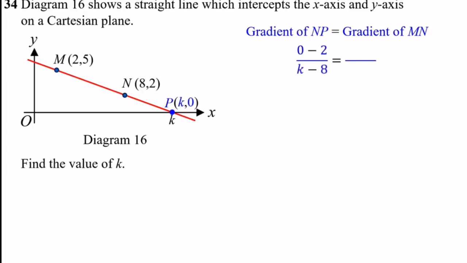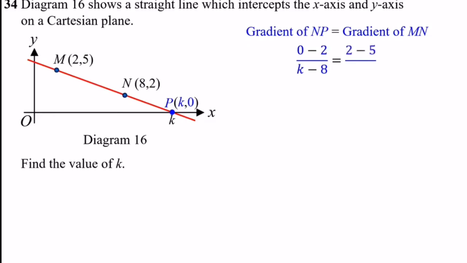So it's equal to the gradient of MN. Now we are going to find the gradient for MN. We take point N with the y coordinate 2 minus 5, right? For y2 minus y1, we take 2 minus 5, and then for the x we take 8 minus 2, right?